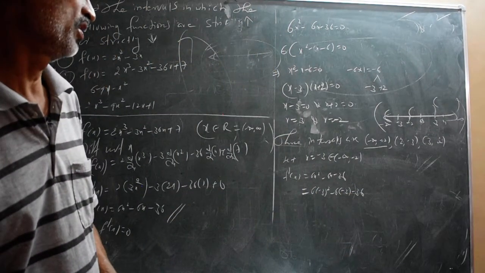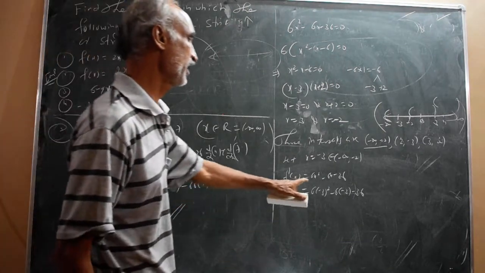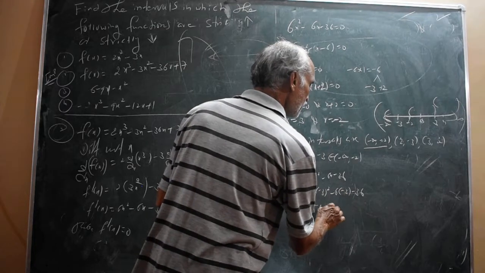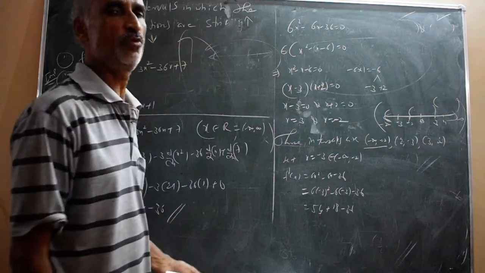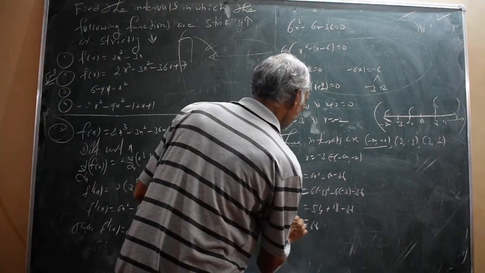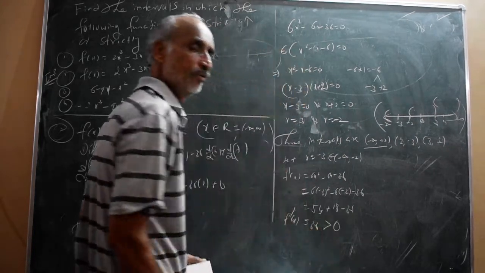Minus 3 square is plus 9, 9 into 6 is 54. Minus 6 into minus 3 is plus 18. Minus 36. 54 plus 18 is 72, minus 36 is plus 36, that's equal to 36.